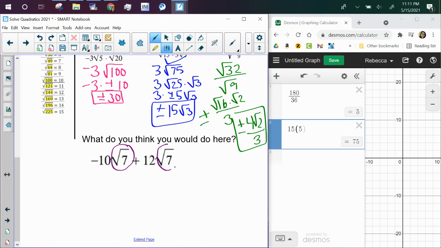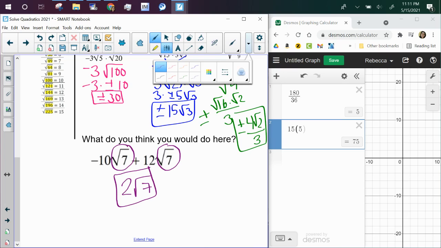So this is like negative 10x plus 12x. Because they match, I can combine this. They're like terms. If they didn't match, they would not be like terms. So because these have the same radical, I'm going to treat them like terms, and negative 10 plus 12 is 2, and then the square root of 7 goes along for the ride.